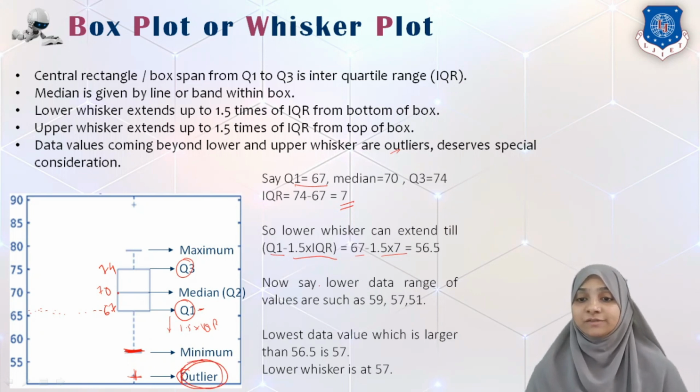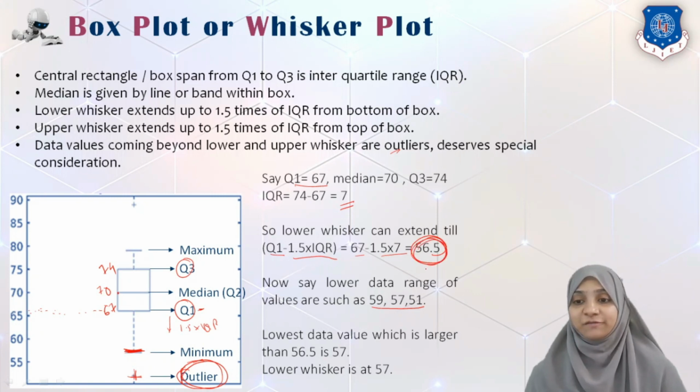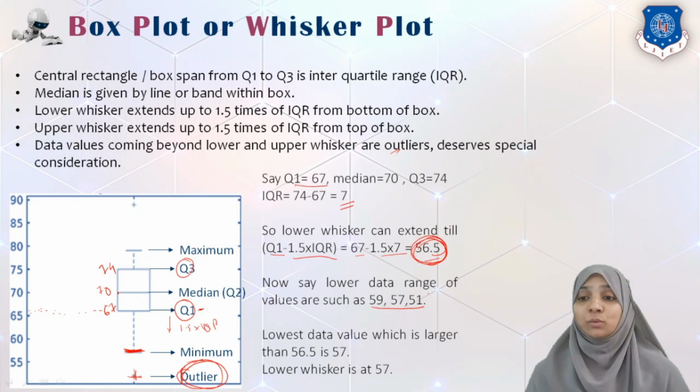Look at this. We have a data set 59, 57 and 51, and our lower whisker can only extend up to 56.5. So from this data, we have to find the lowest value which is larger than this. The lowest value is 51. Is it larger than 56.5? No. Take 57, the next lowest value.